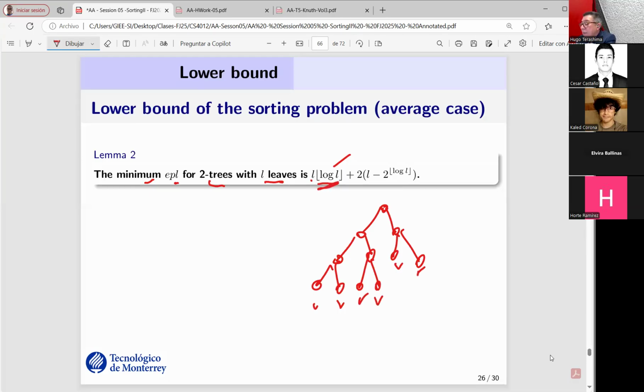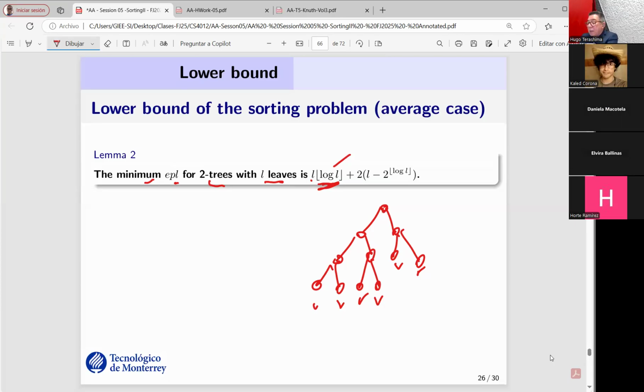What is the floor of log of L, the floor of log of 6? Tell me, please. Log of 6, floor, is 2, right?